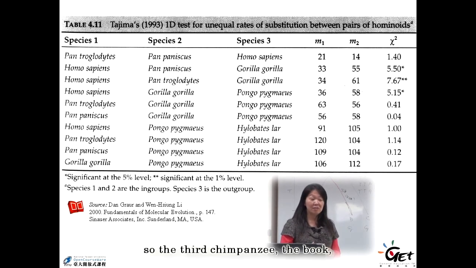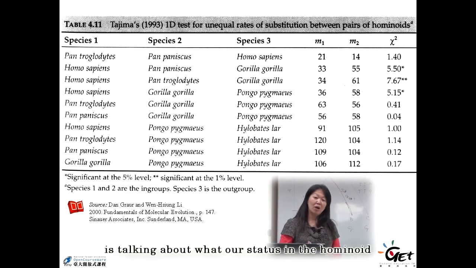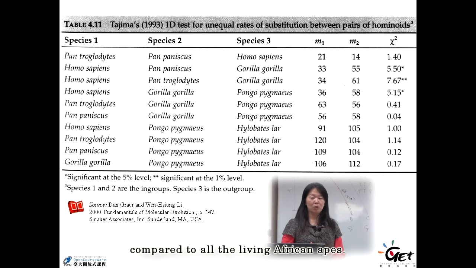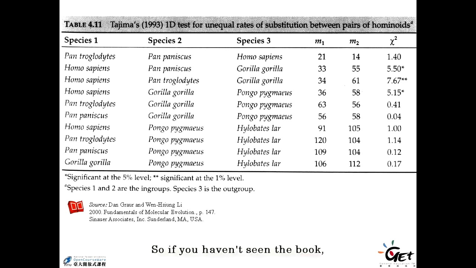So The Third Chimpanzee, the book, is talking about what our status in the hominoids is compared to all the living African apes. If you haven't seen the book, I highly recommend it, because we'll talk a little bit about that today. So in this table, we count all the numbers.